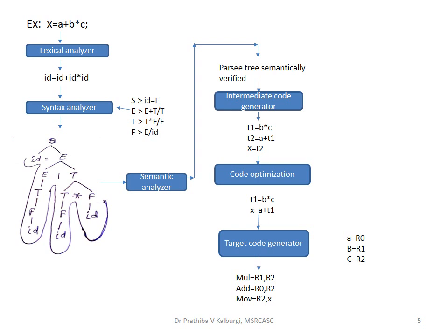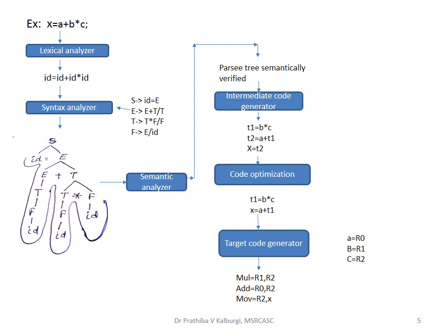Now the lexical analyzer, syntax analyzer, semantic analyzer as well as the intermediate code generator come under your analysis phase, whereas the code optimization and the target code generator come under your synthesis phase.